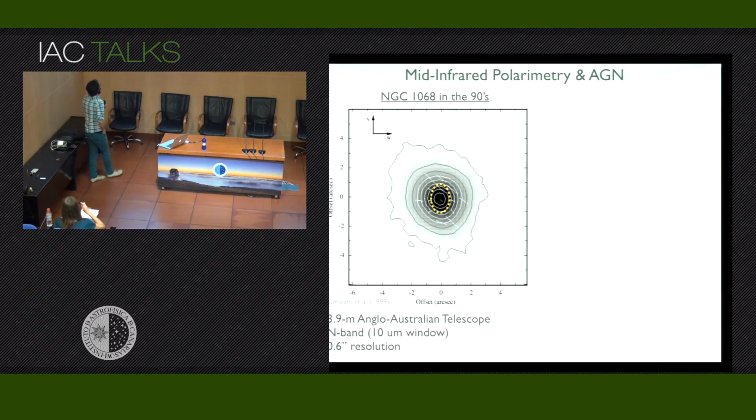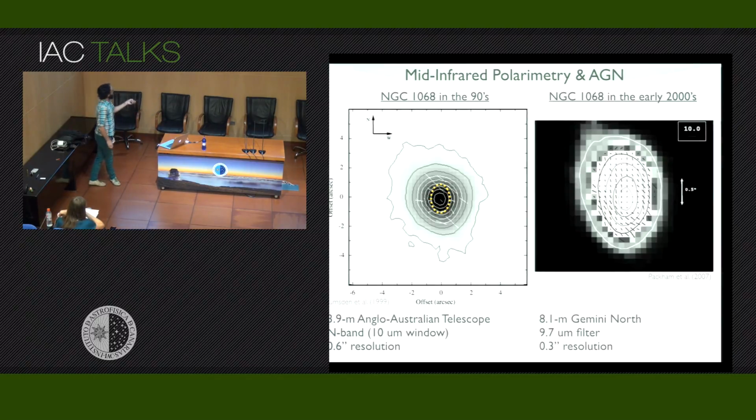This vector is consistent with the observation of Aitken in the 80s, but cannot give us anything else about the structure of the AGN. We have a 0.6 arc-second resolution, but we cannot distinguish between emission in the torus or dust emission in the extended region.